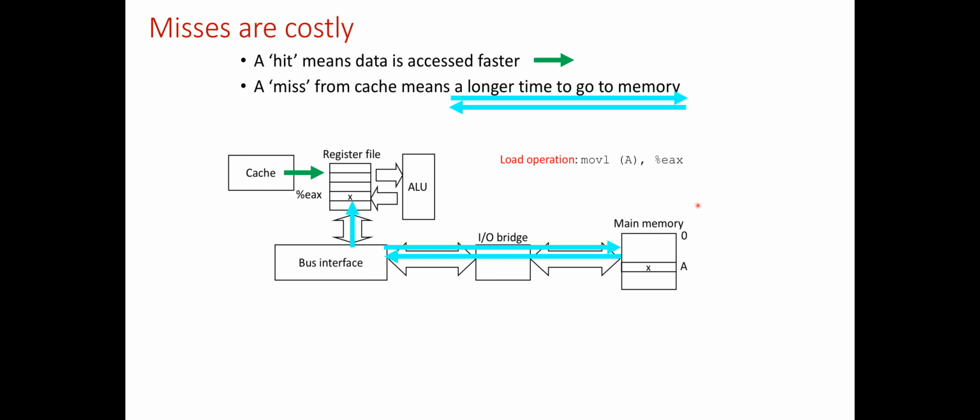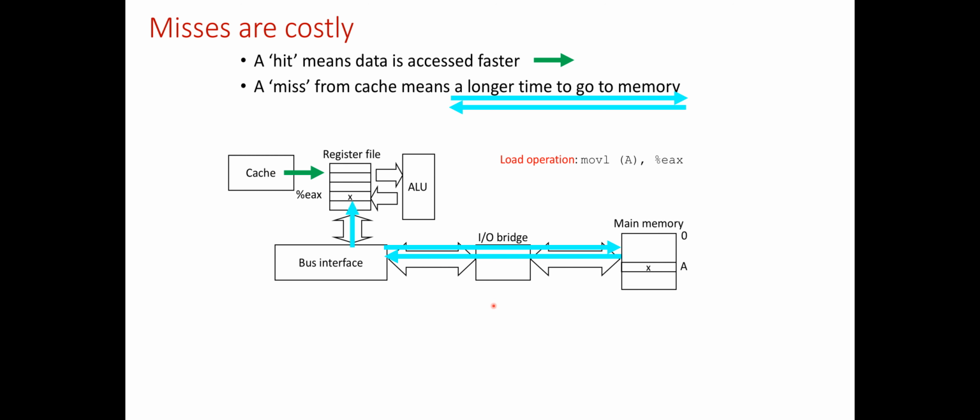Okay, and now these misses are very costly. A hit means that the data is accessed faster because we can get it right from cache. But a miss from cache means a much longer time because we have to go all the way over to memory and get it and bring it back and put it into cache again.